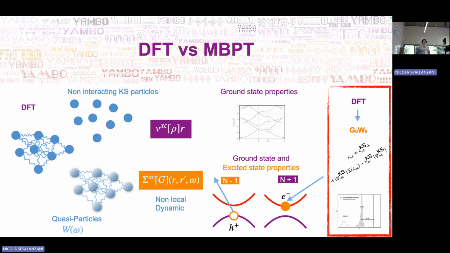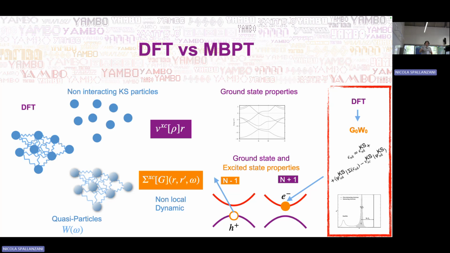That is much more complicated because it's not local, it's dynamic. But what we get as an extra with respect to a DFT calculation is that we now have excited state properties. And by excited state properties, I mean the band structure that we measure with photoemission. That is an excited property. It's not a ground state property.